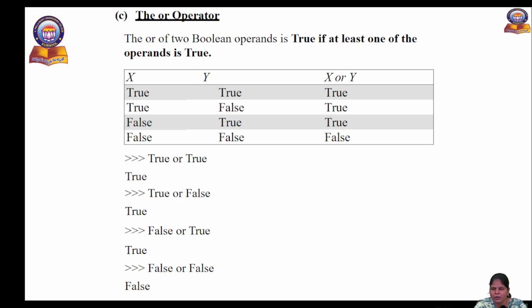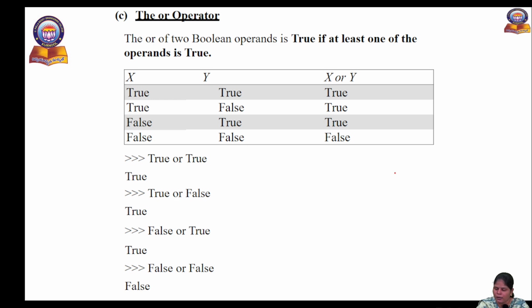The OR operator is also a binary operator, because whenever you apply it, we need two operands. Based upon the values of the two operands, we can determine the result.